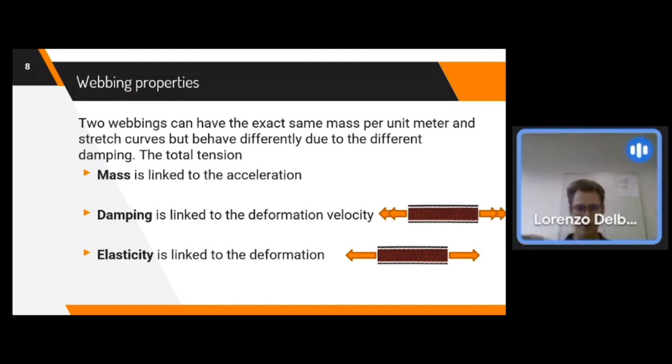The main parameters are mass, elasticity, because everything in our world is not 100% stiff, it can have some kind of elasticity, and there's also the damping, because we have friction in our world. And we know that mass is always linked to the acceleration.